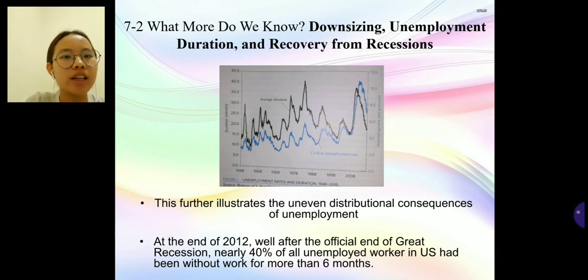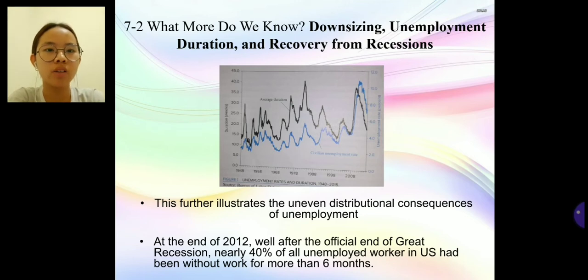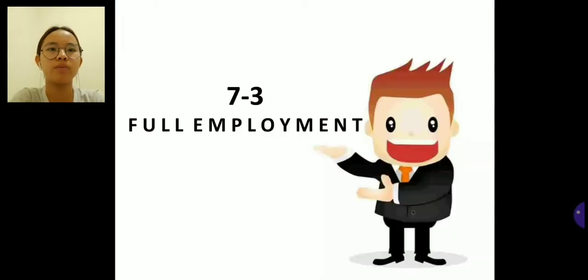And at the end of 2012, well after the official end of the Great Recession, nearly 40% of all unemployed workers in the US had been without work for more than half a year.